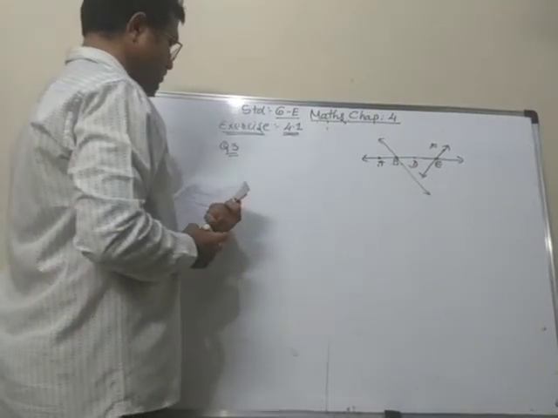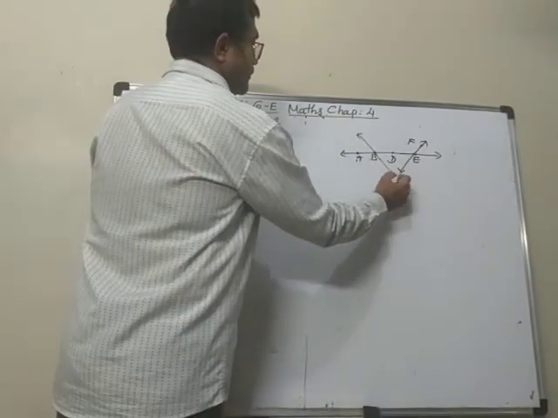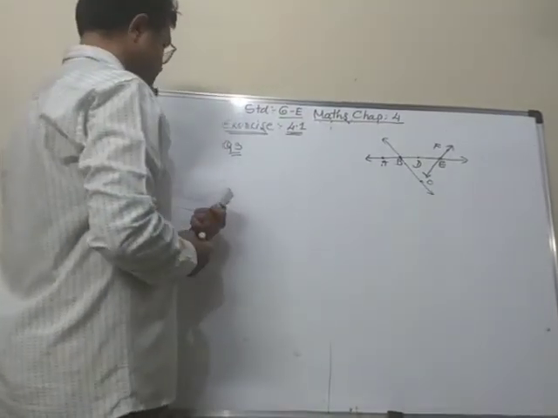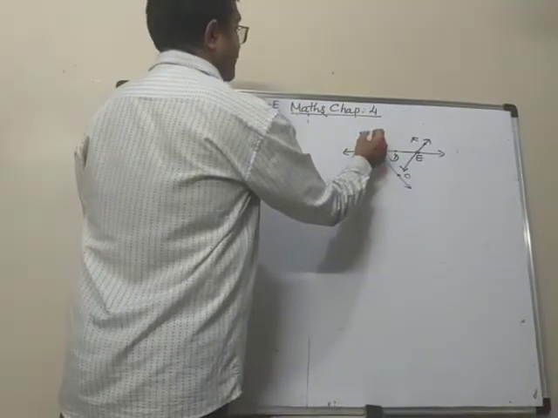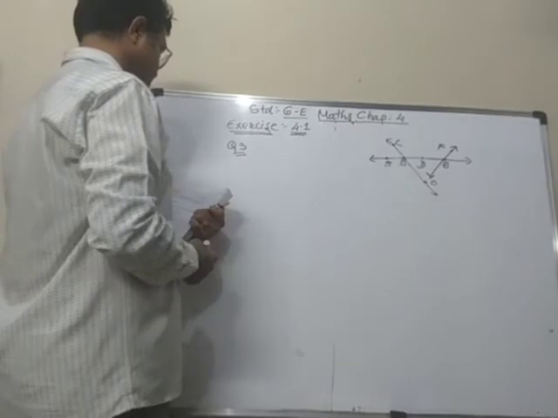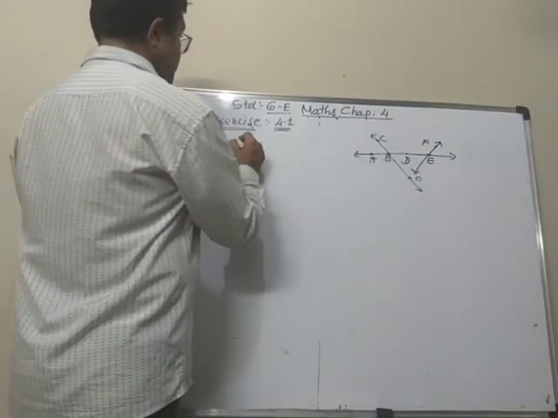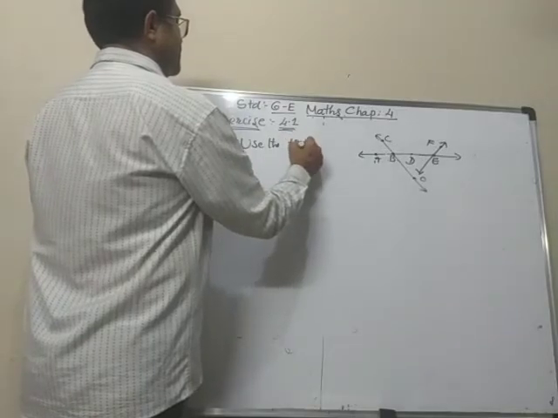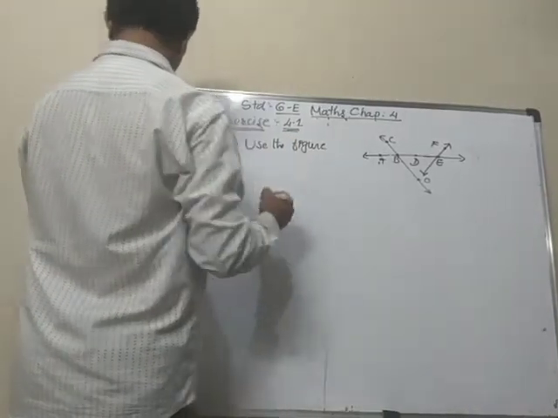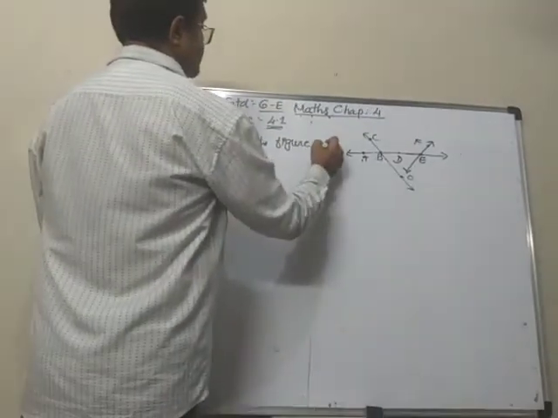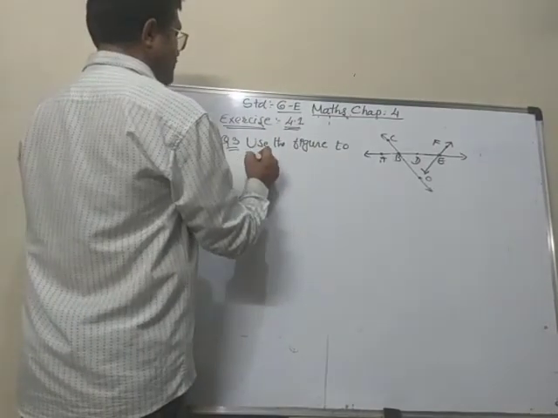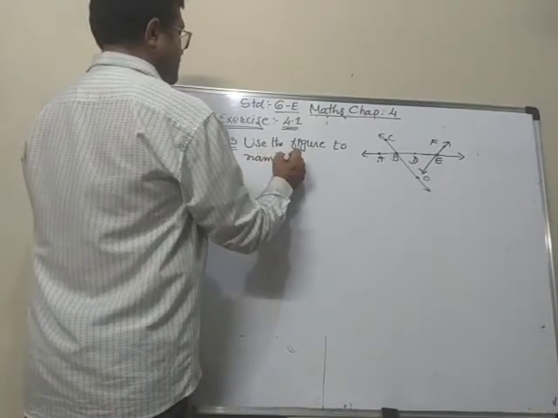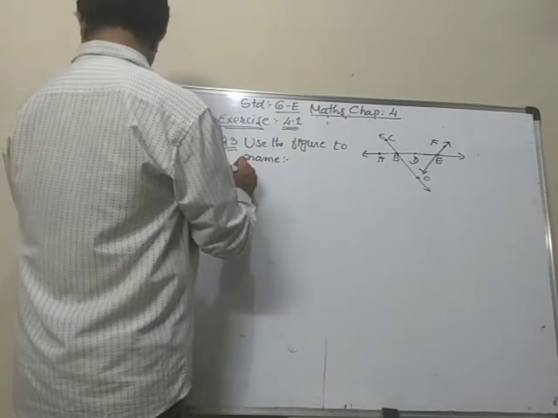And it has a point O here and an upper side point C here. Now use the figure to name. So here also we have to give them different names.